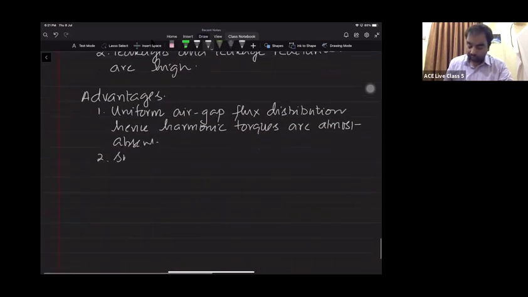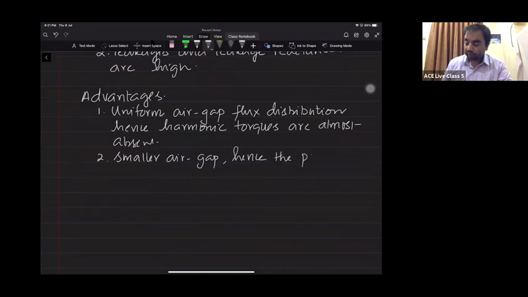Smaller air gap, hence the power factors at no load and running are high.